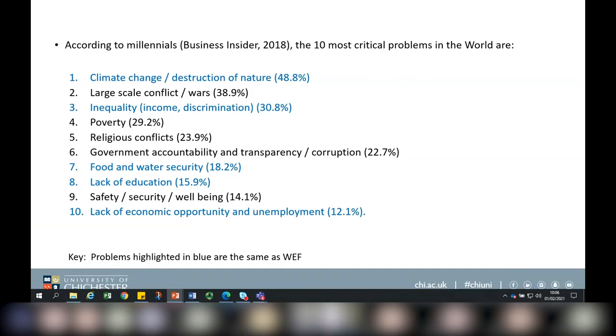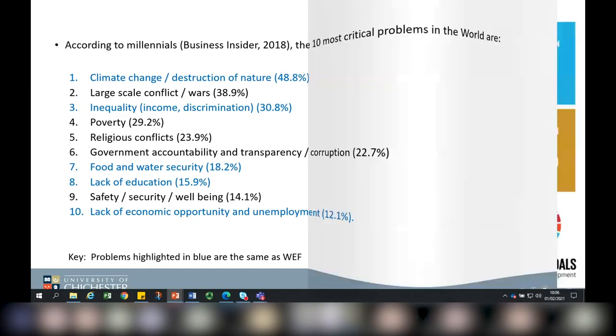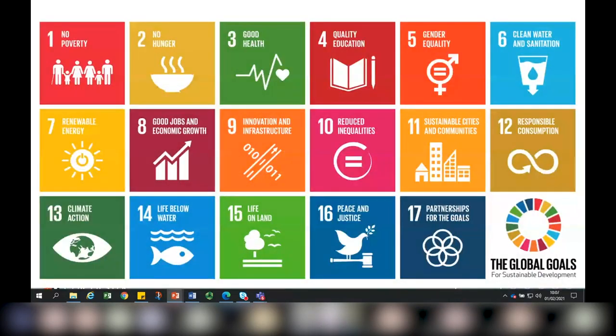So also younger people are more concerned about conflict, inequality and poverty, which you've highlighted to me today, and the lack of education. So it's quite interesting to see the different perspectives. And if you are interested in a more ethical, socially focused topic, then you might want to have a look at the United Nations global goals for sustainability.